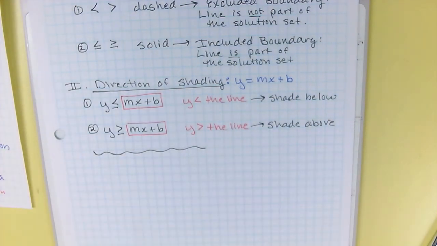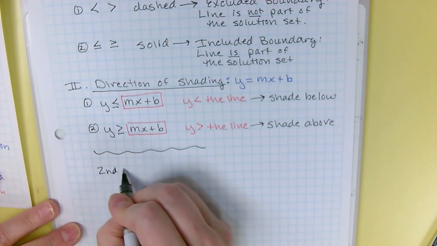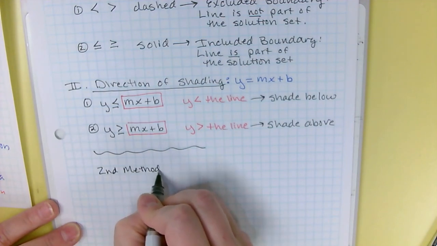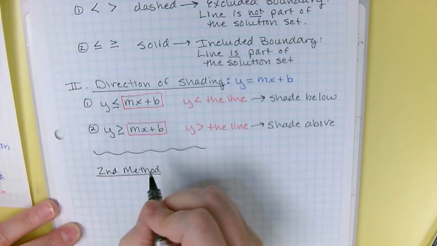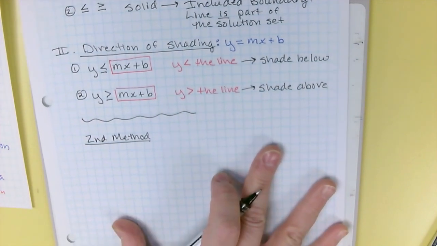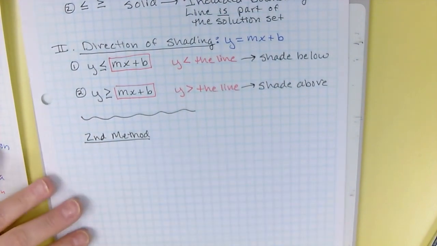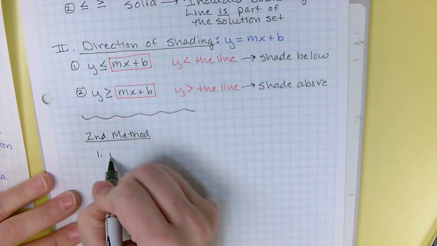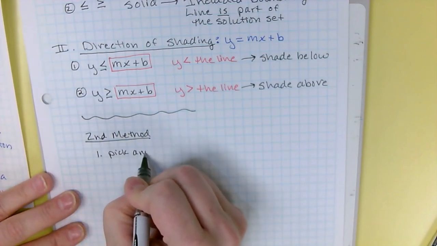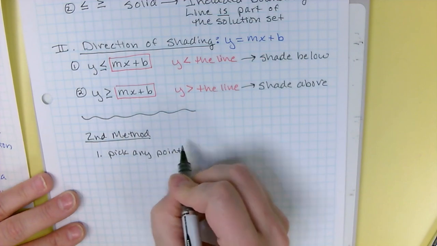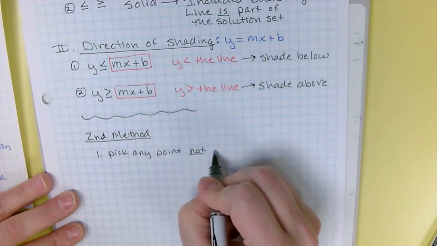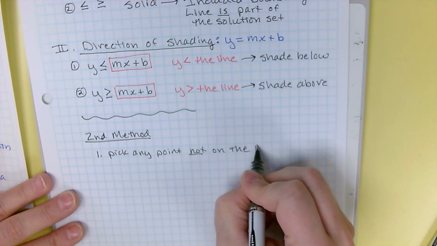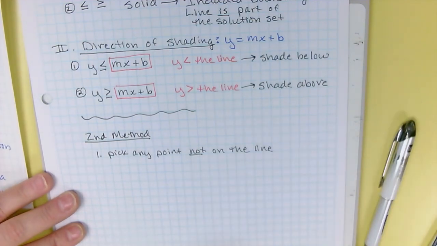All right, so a second method, which again, it's a little slower, but it will work. Second method, number one, you're going to pick any point not on the line. You can pick any point you want.